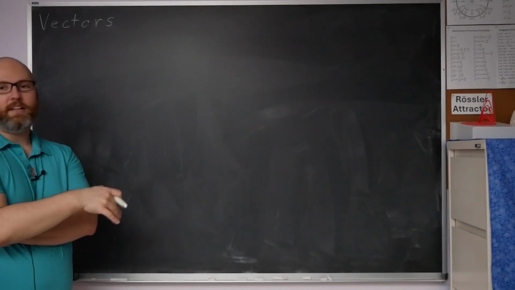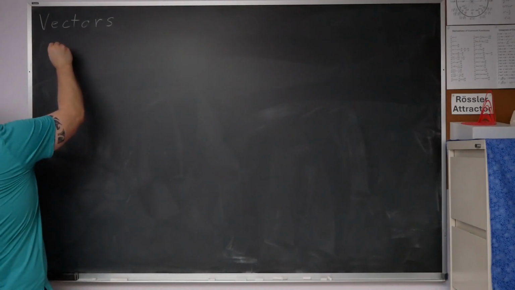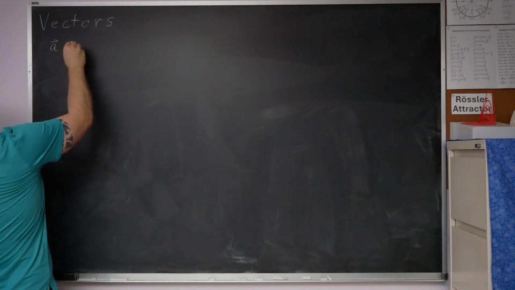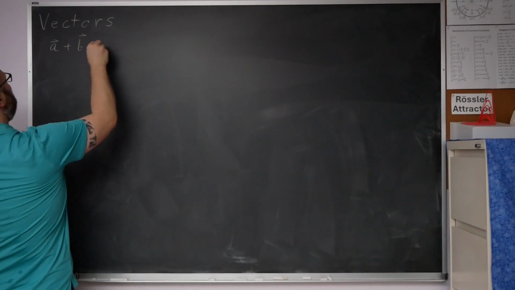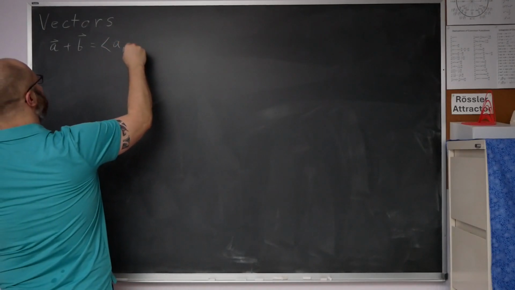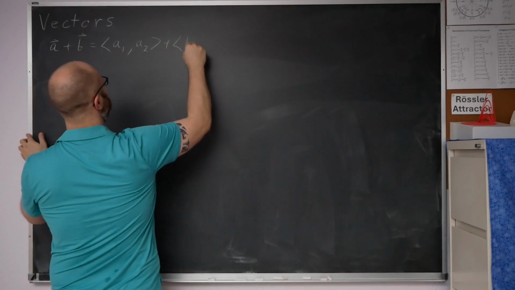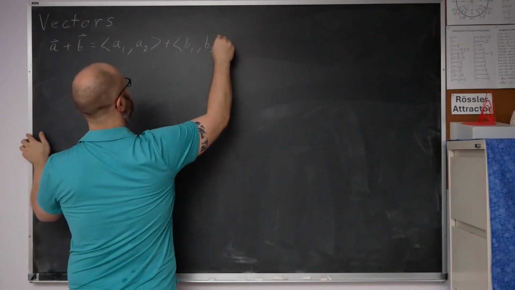All right, so last little bit is adding vectors and subtracting vectors, geometrically. What does that mean? So let's say I have vector A, and I add that to vector B. Well, component-wise, you add the different components. So that's going to be A1, A2 plus B1, B2.